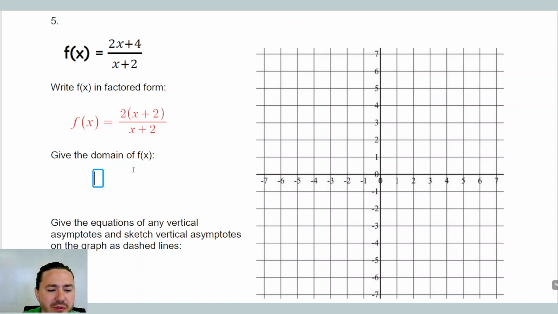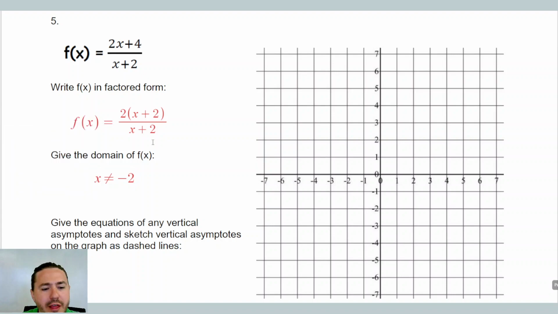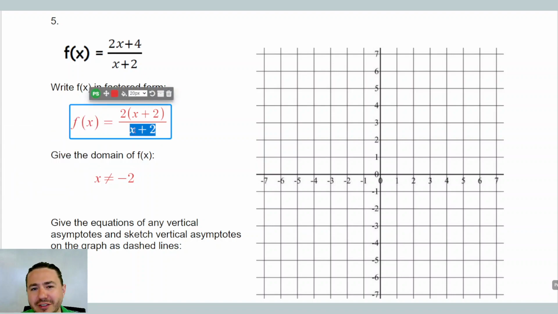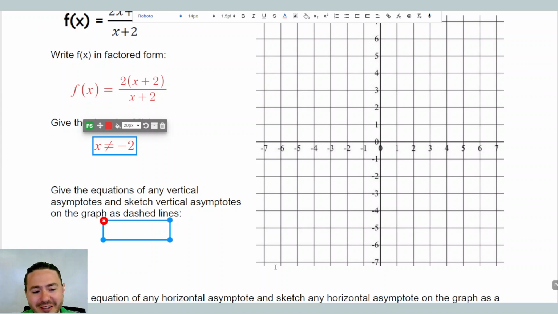Now, -2 is undefined whether it's a vertical asymptote or a hole. So as far as the domain's concerned, it's all real numbers except for -2. But because that -2 is causing a hole rather than a vertical asymptote, and there's no other factors to make a vertical asymptote, when it's asking for the equation of the vertical asymptote, you say, oh, there aren't any. So there's none. No vertical asymptotes.